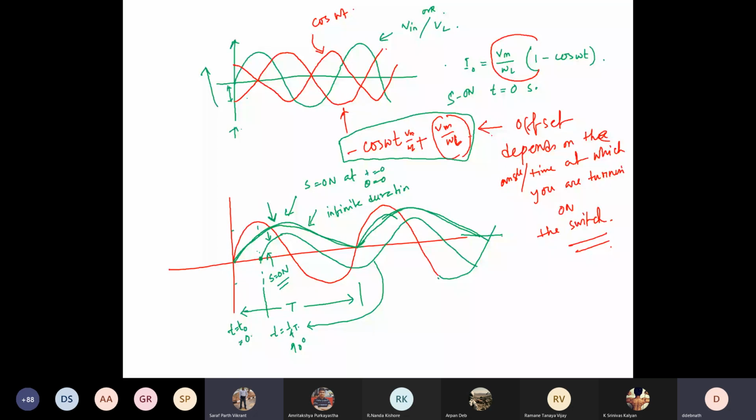So how do you plot this equation? It will be 0 at omega t equal to 2n pi. Right. So you got this waveform, right? This top waveform, did you get? Yes, sir, that green color one.